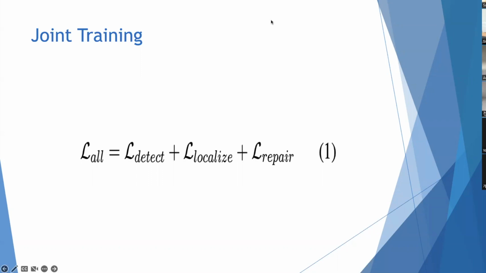And it says, are there any other key contributions rather than this? It's just using the three processes simultaneously, and that's all of the contributions.